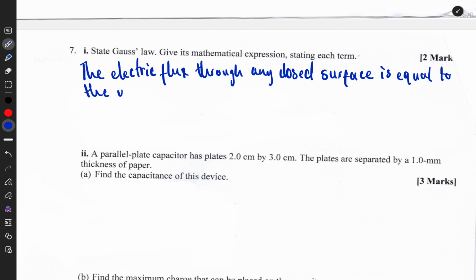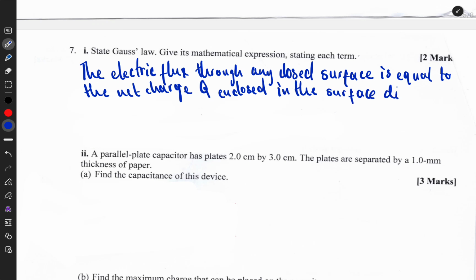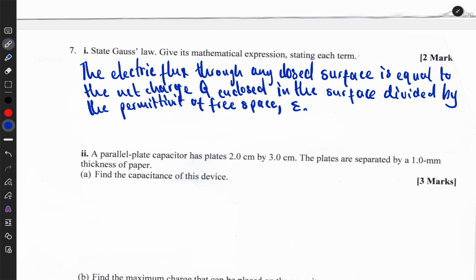the net charge Q enclosed, which just means inside, enclosed in the surface, divided by the permittivity of free space, which is mu zero.